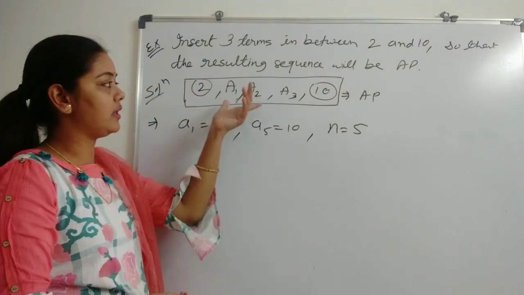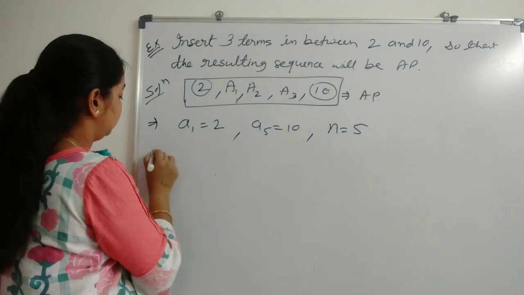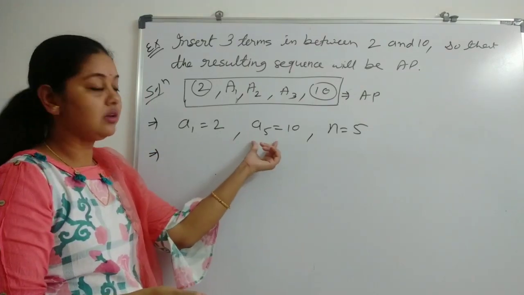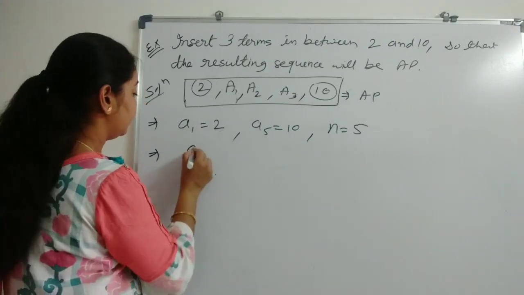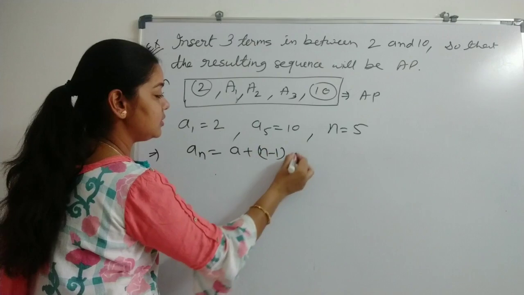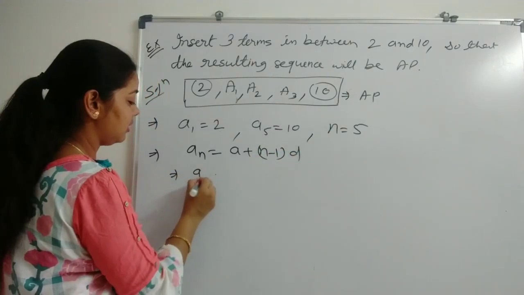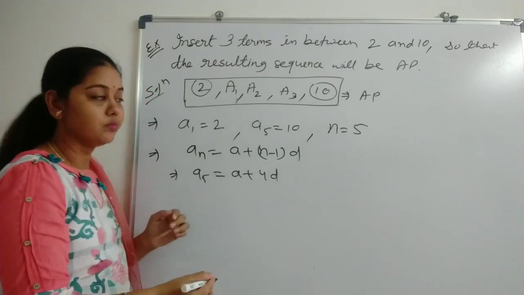Now, we are given a5, so we will use the formula of an. an equals a plus n minus 1 into d. It means a5 is equal to a plus 4d.